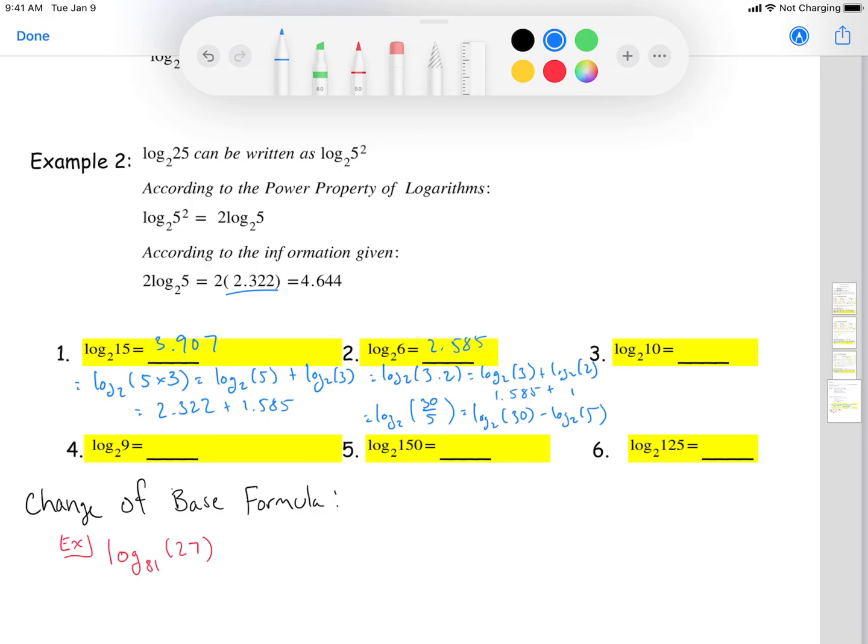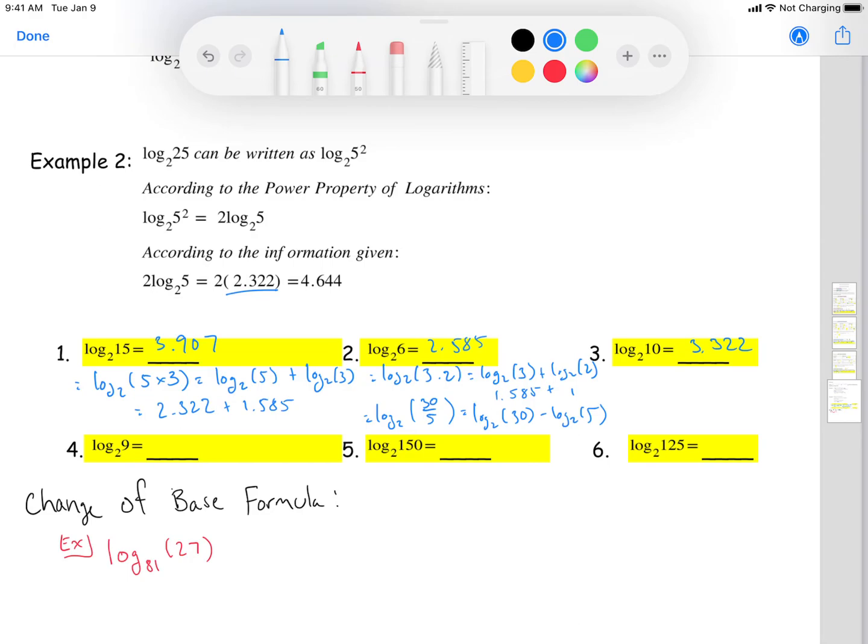So let's talk about what we got for number 3. What did you guys come up with? I got 3.322. Perfect. Because again, this is log base 2 of 5 times 2, or this is log base 2 of 30 divided by 3.